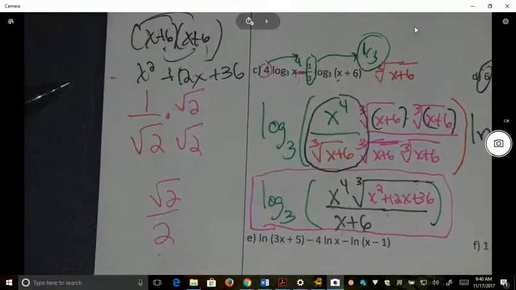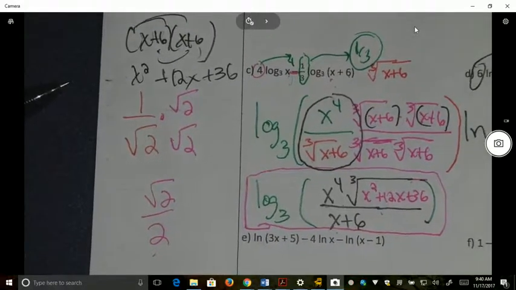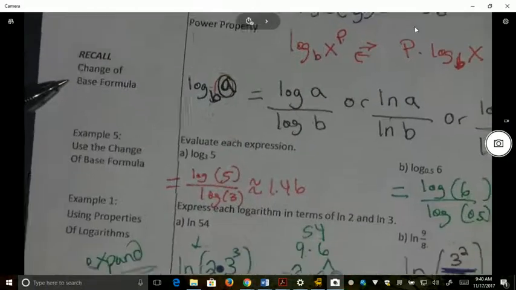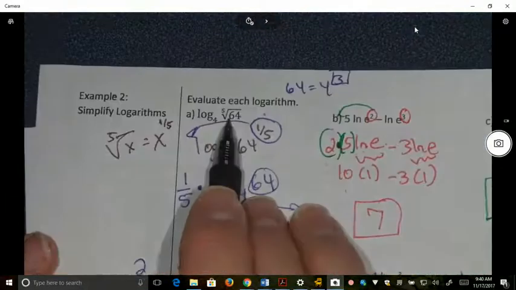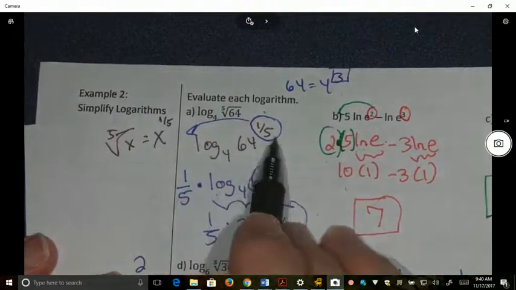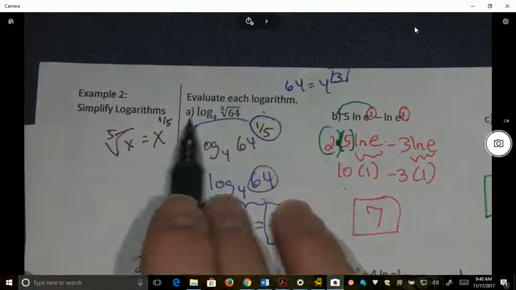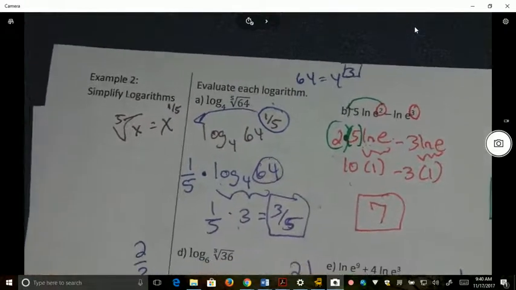Also, when we were expanding yesterday, we took things that were a square root or a fifth root or whatever, and we changed those to fractional exponents as part of our expanding to change the way it was represented. But the only reason we usually write fractional exponents is to help us simplify the problem. Otherwise, they should be written in radical form.